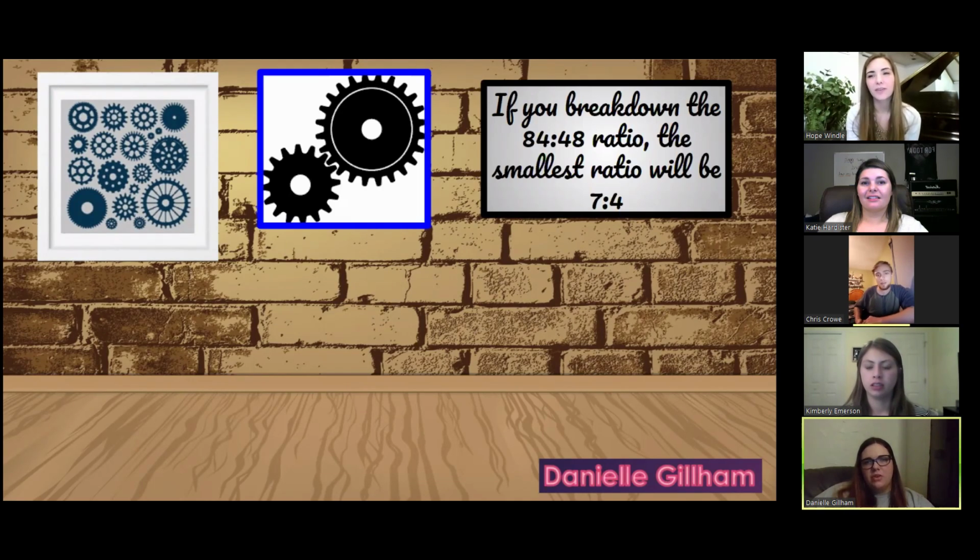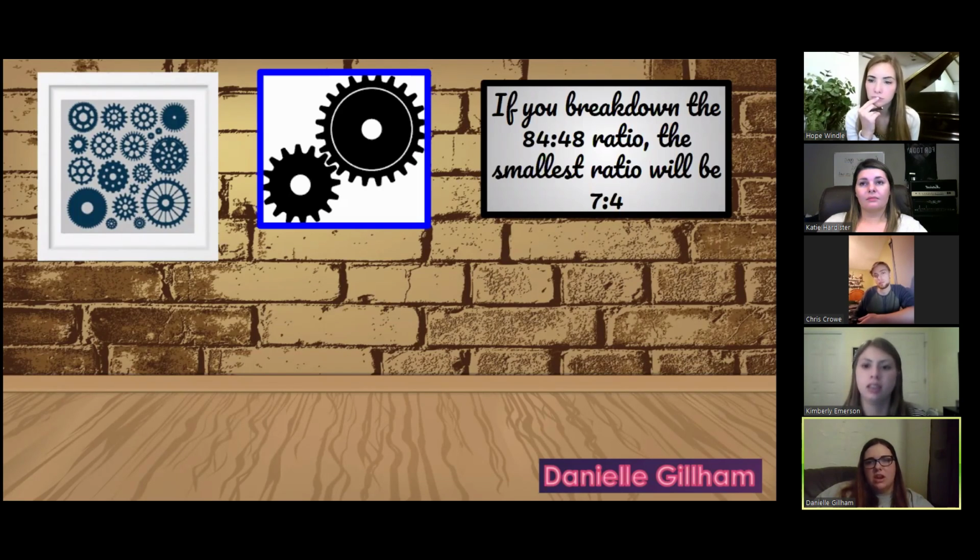All right, so if you look at the gears and you break it down, we've been using the factors and prime factorization little trees. So 84 and 48, they were both divisible by 12, and then that broke it down as far as it could be. So 84 divided by 12 was 7, and 48 divided by 12 was 4.